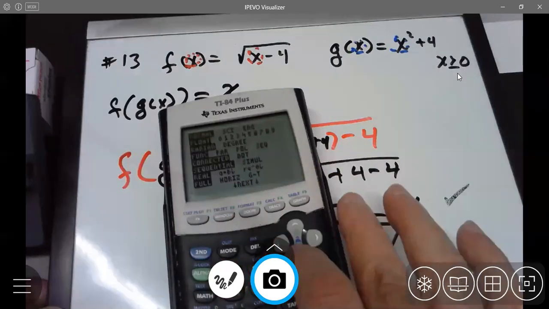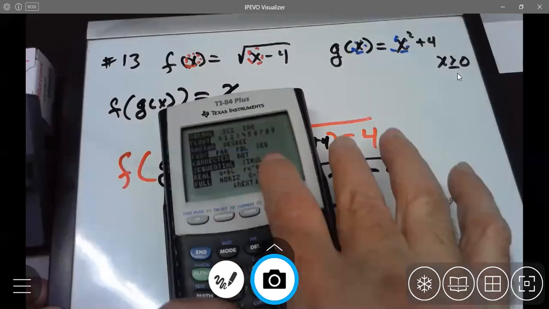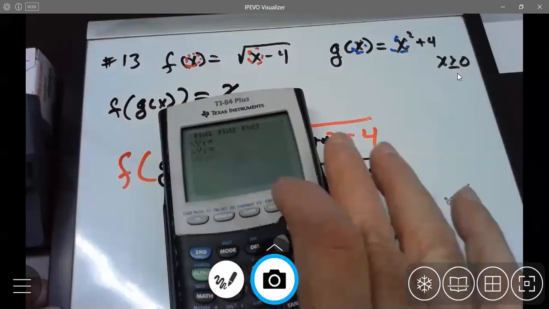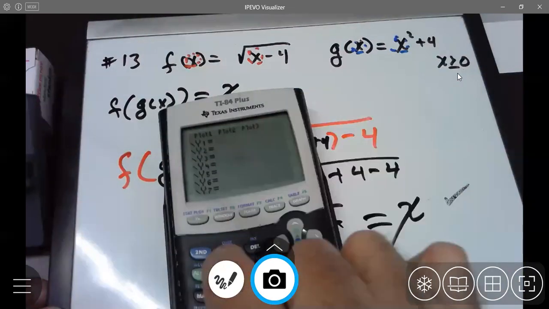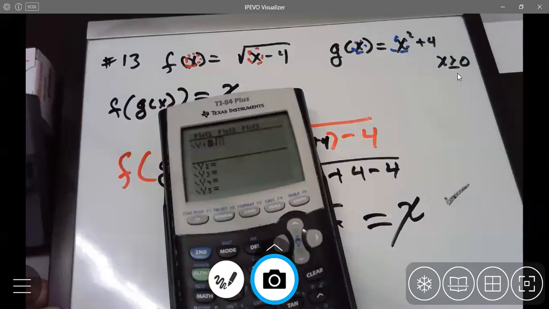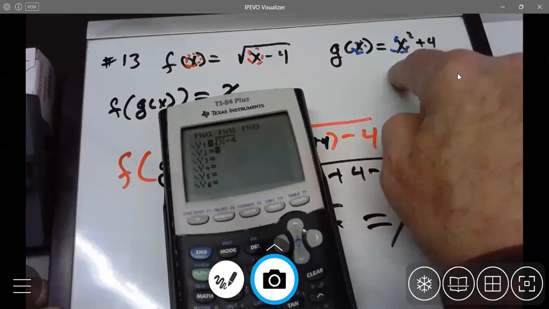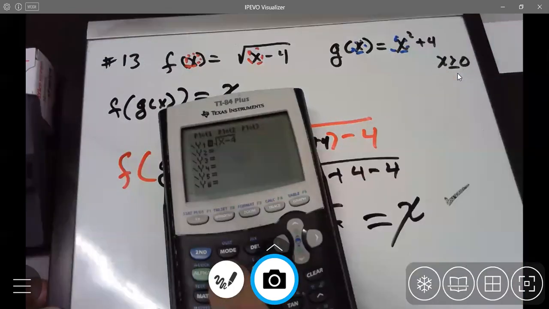I just want to make sure I'm in function and not on sequence. So we're going to put in here the first one, the square root of x minus 4. Okay, and then hit the down arrow for the second function, for g of x, and that'll be x squared plus 4.